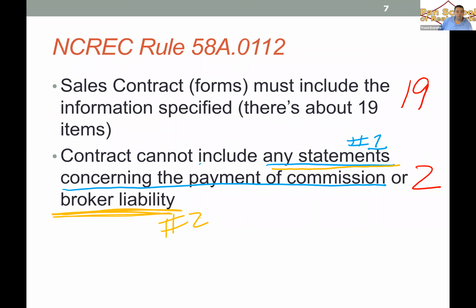They don't want us refusing to present offers because one offer has us getting paid less of a commission than the other. Imagine a world where it was okay for us to put commissions into the sales contract. So here comes an offer, and we're going to pay the real estate agent 6%.